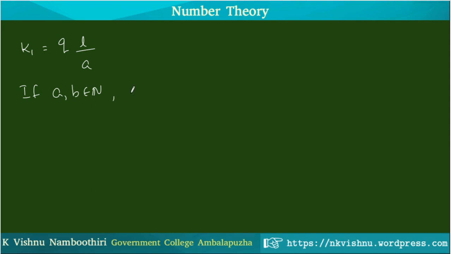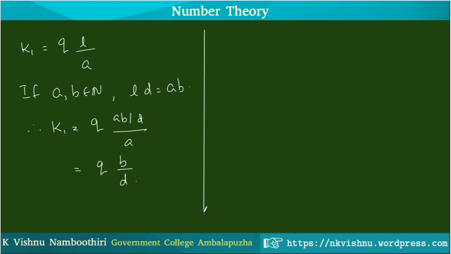Note that a and b are positive. Then LCM into GCD is equal to ab. Therefore, k1 equal to q into L is nothing but q into ab by d by a, that is equal to q into b by d. Now what about k2? k2 can be found directly using the relation that a k1 is equal to minus b k2.